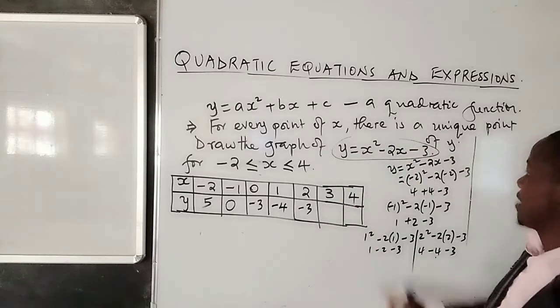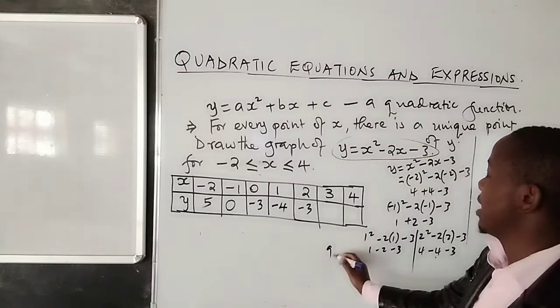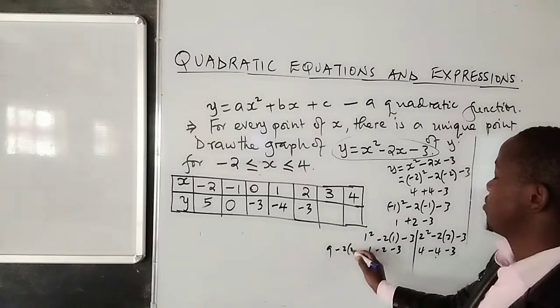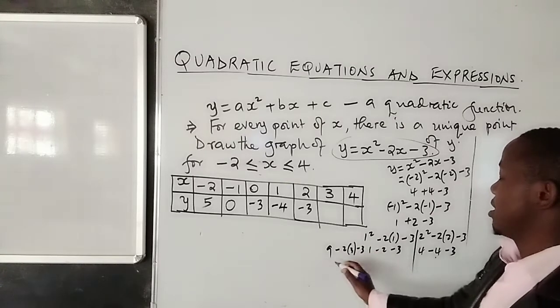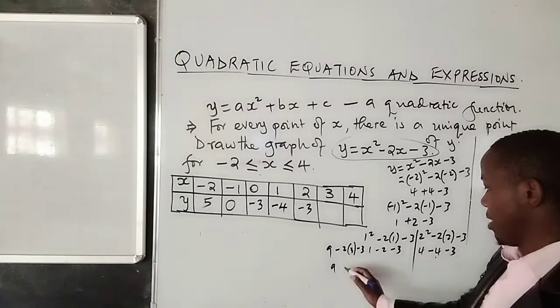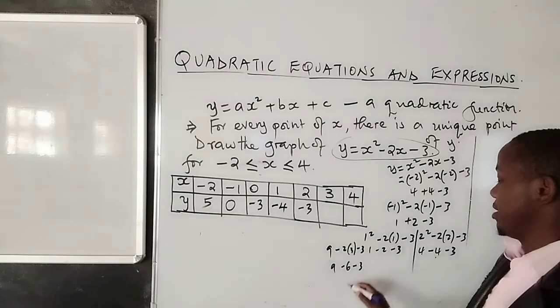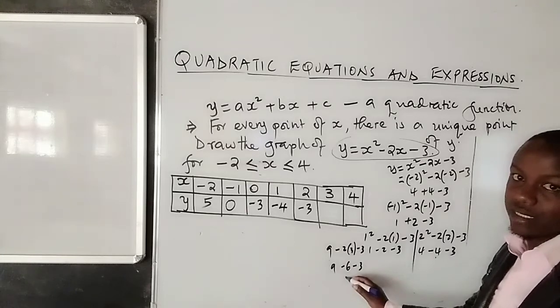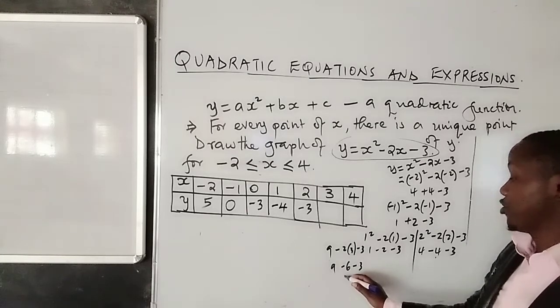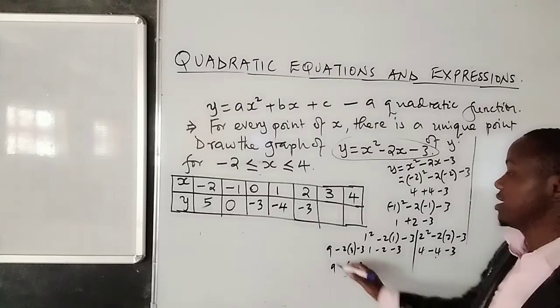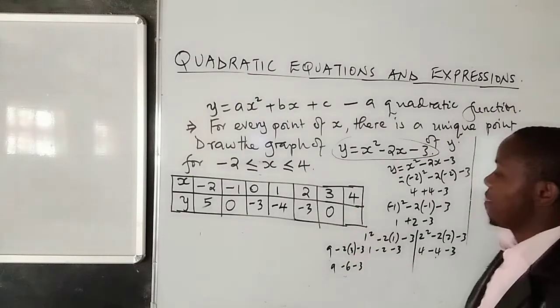We'll have 3 squared 9 minus 2 into 3 minus 3. Therefore 9 minus 6 minus 3. So 9 minus 6, positive 3, sorry. Positive 3 minus 3 is 0.